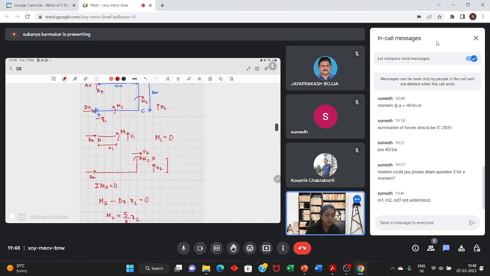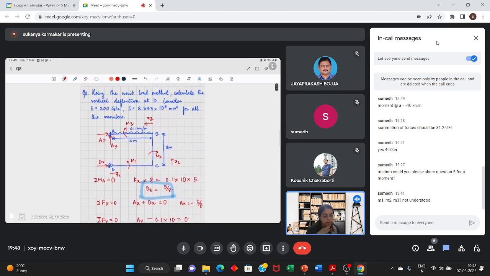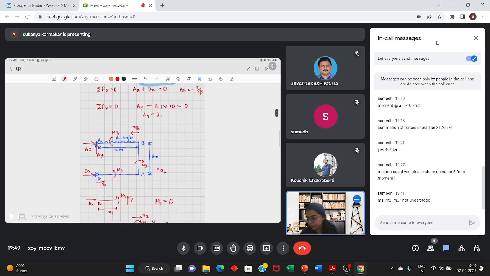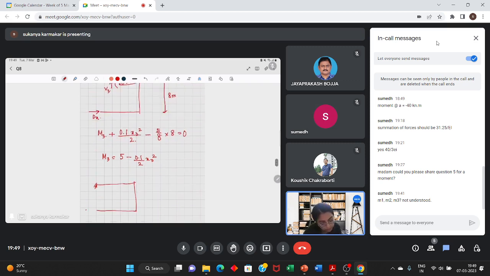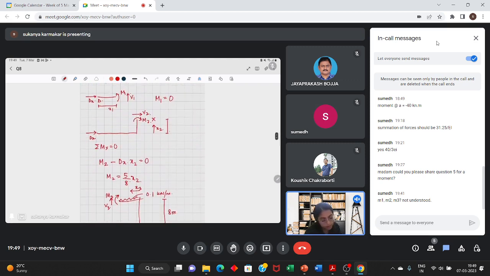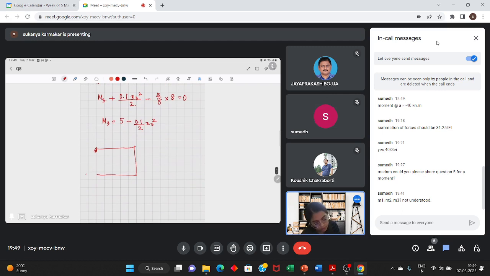Now we'll apply a unit load at point D, and we have to calculate the vertical deflection at point D. I'll apply a unit load in the vertically downward direction. I have a pin support at the top and a roller support here.